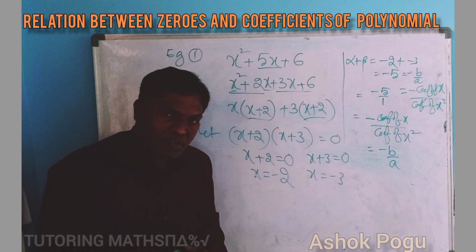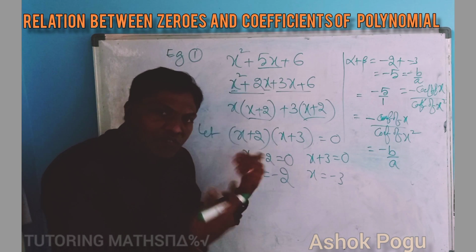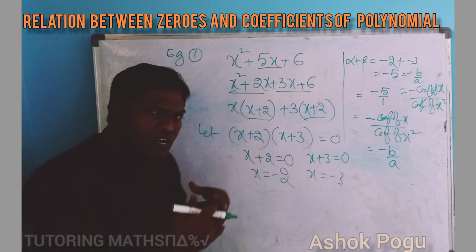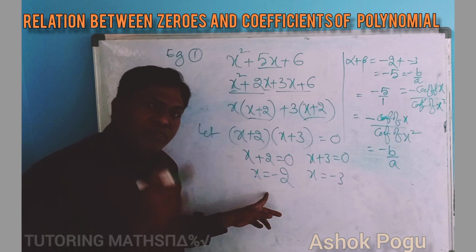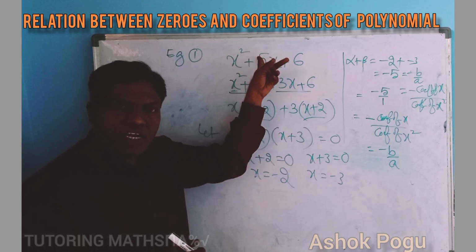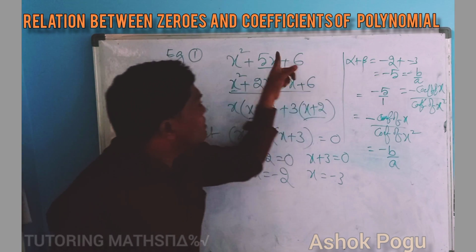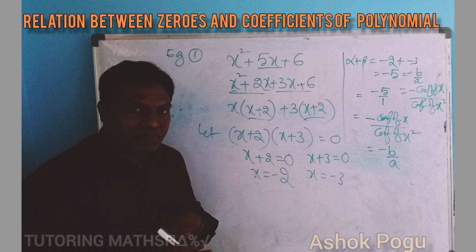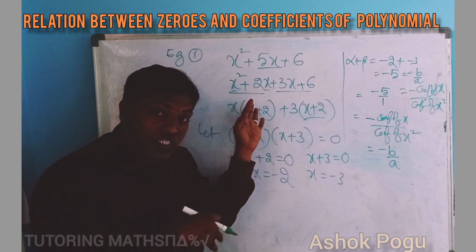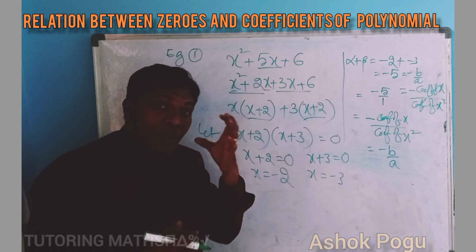We are verifying our answer, whether it is correct or not. This is called verifying the relation between the zeros of a quadratic polynomial and its coefficients. Let us discuss one more question, and by that you will get some idea.